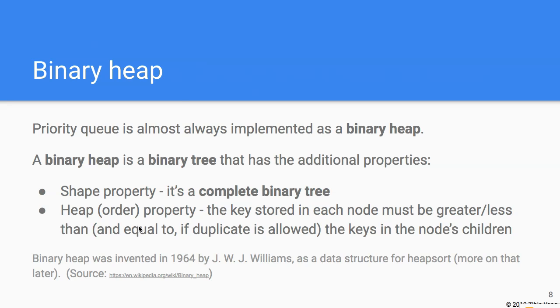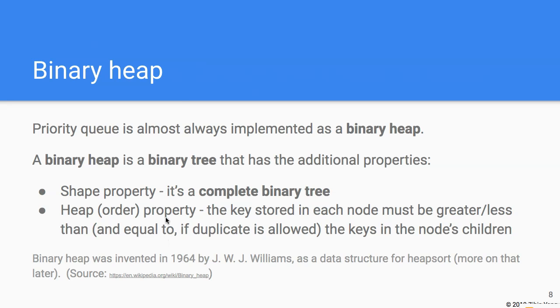And what the heap order property is, is that the key stored in each node, or the data, must be either greater than or less than the keys in the node's children. So there's some sort of ordering in this, and obviously if duplicates are allowed, they can be equal as well.